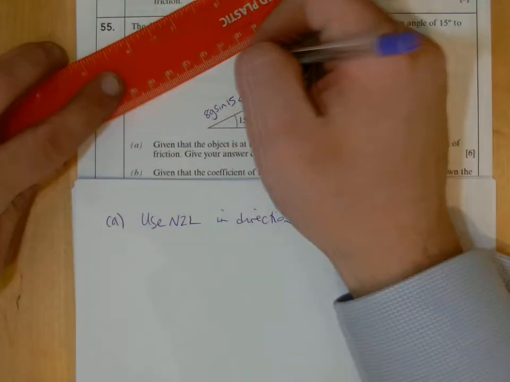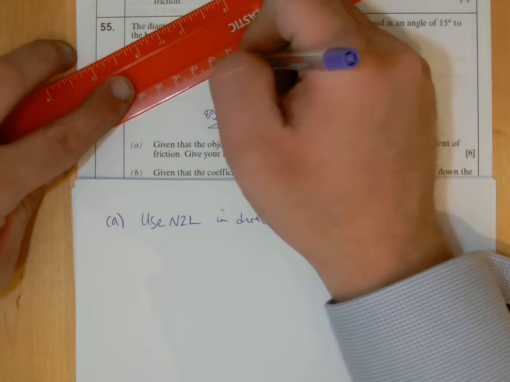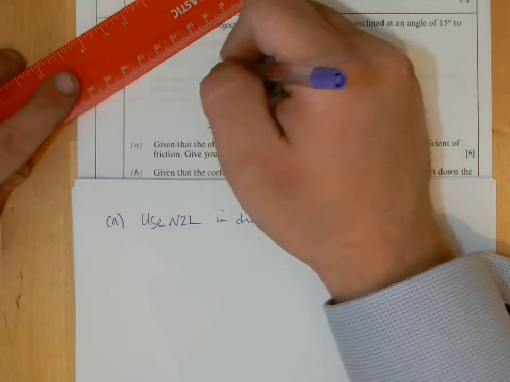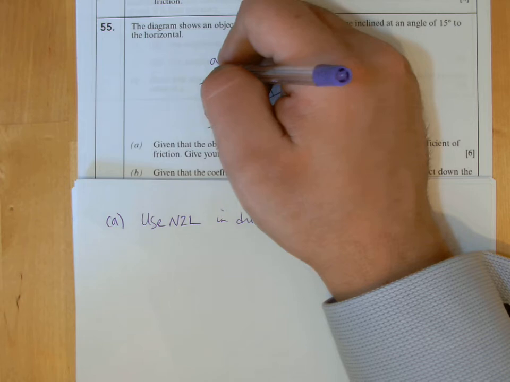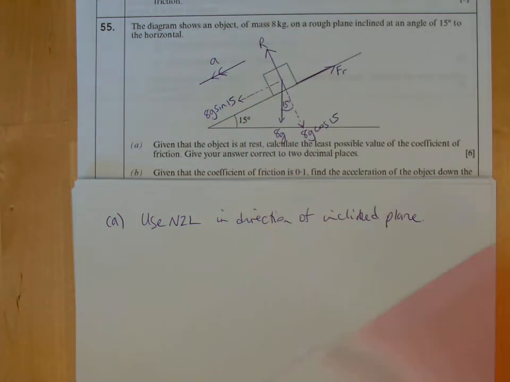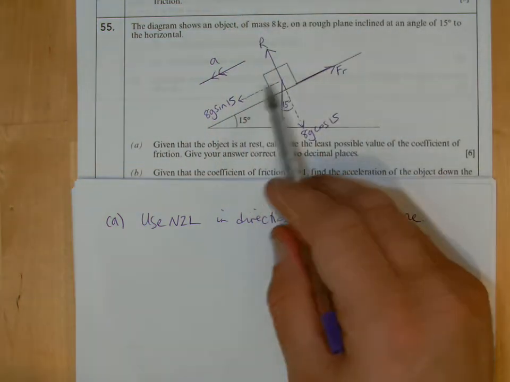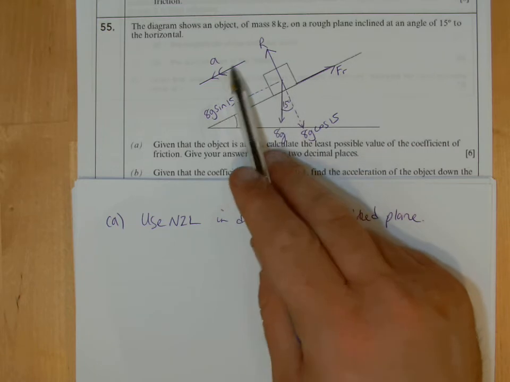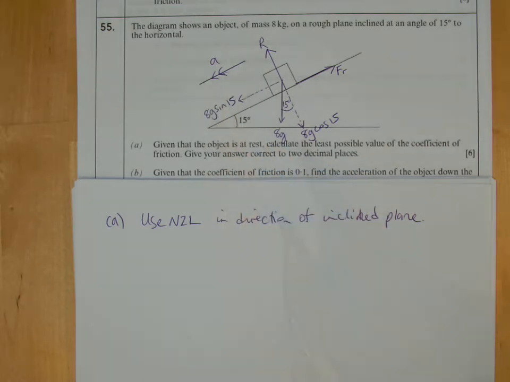And one thing I could add here, even though it's not moving, is that the direction of acceleration is going to be that way, because it's going to go down the hill in that direction. So that's the way it would be accelerating, but at the moment it's not moving.